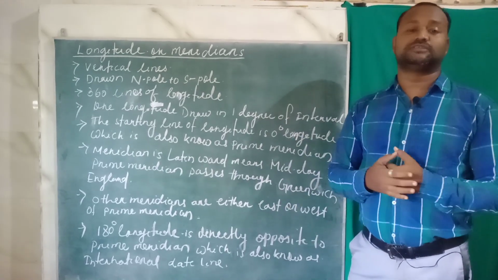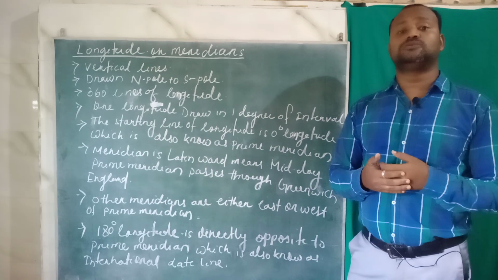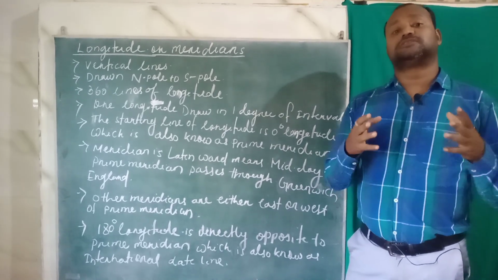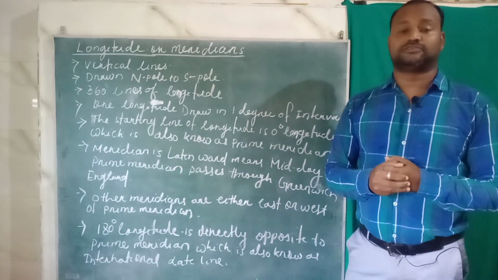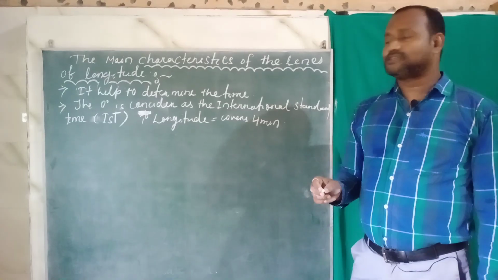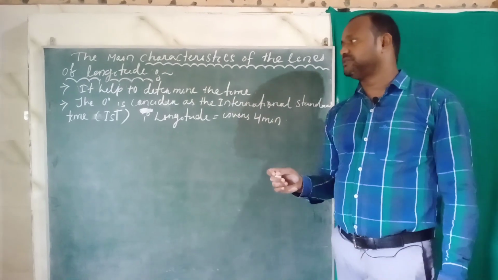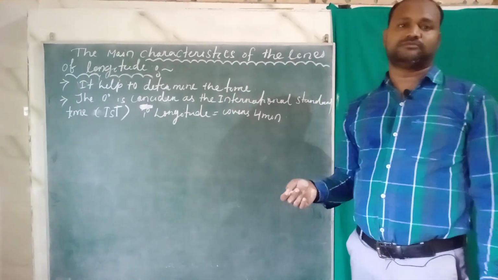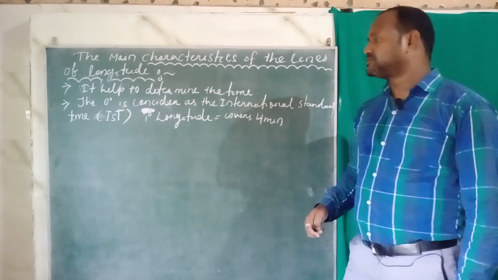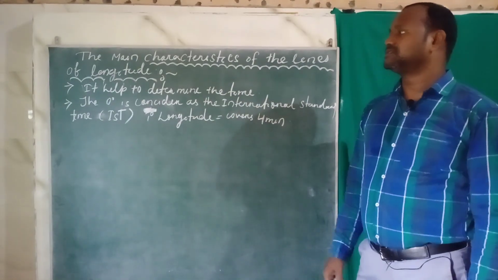Next we are going to discuss how to calculate the time and some characteristics of longitude. So student, let's discuss how we calculate the time of different places with the help of longitude. Students, some other characteristics are here.